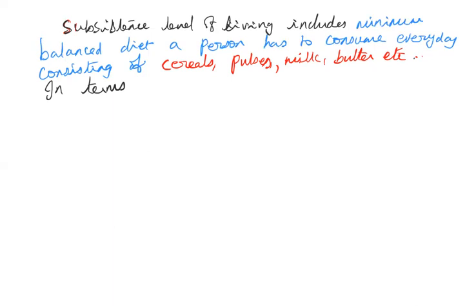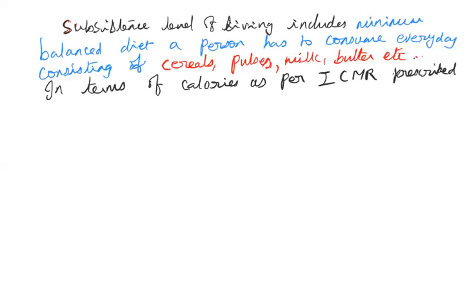The recent standard is all the cereals, pulses, milk, etc. So in terms of calories, as per the Indian Council of Medical Research, on the advice of the Planning Commission, the Indian Council of Medical Research prescribed.